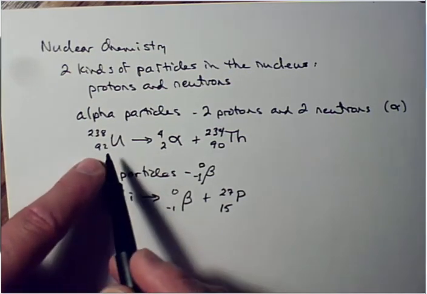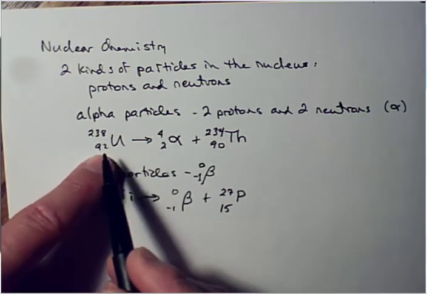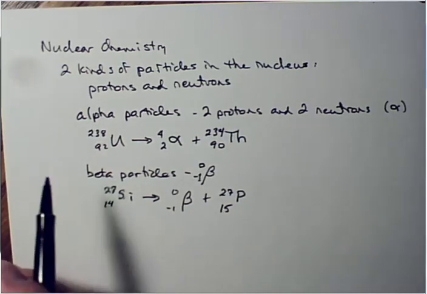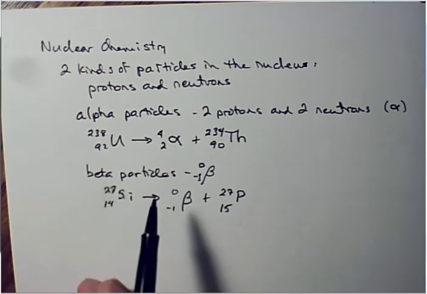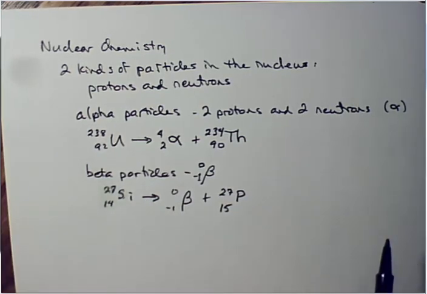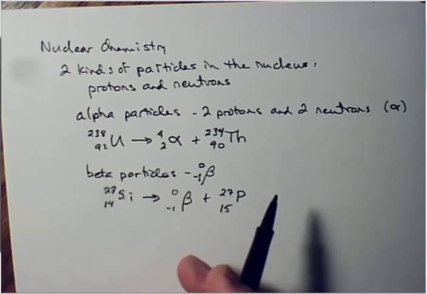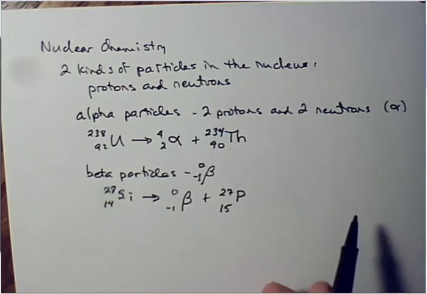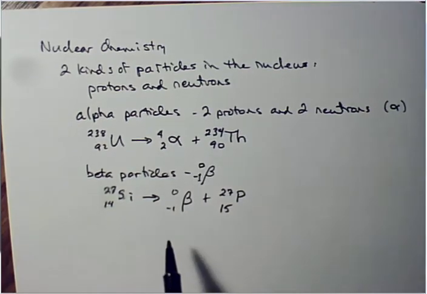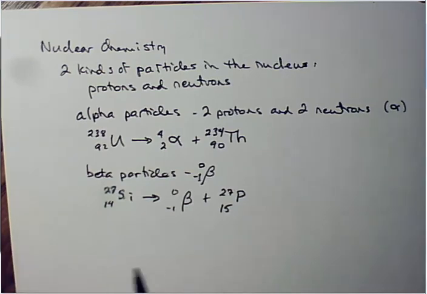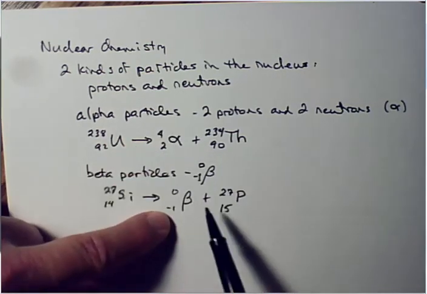The removal of alpha particles or beta particles or any of these subatomic particles from the nucleus is called nuclear decay. It's not that hard, really. Nuclear radiation is the combination of a bunch of these.